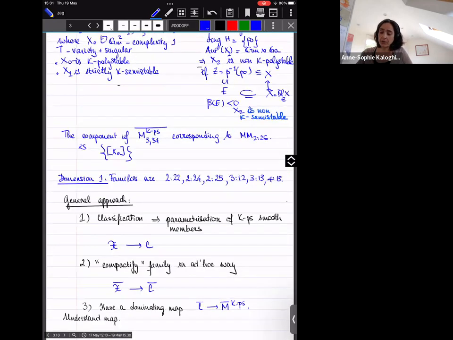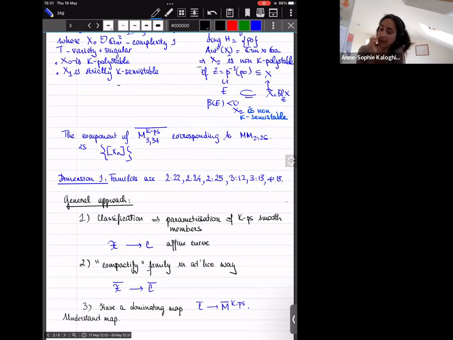And here the general approach will be to use the classification to try and come up with a parameterization of smooth K-polystable Fano varieties in that family. So this should give us a family over an affine curve C, hopefully.